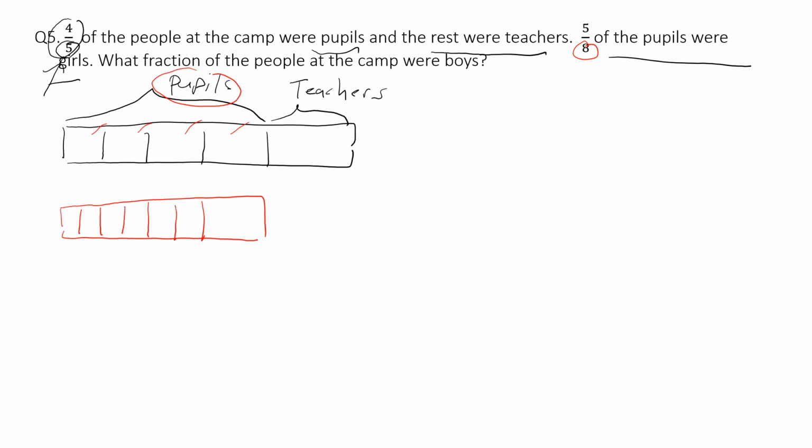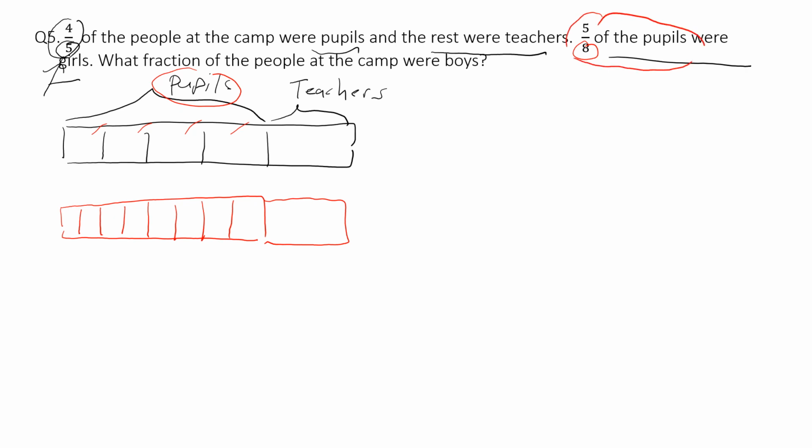So now from 4 it becomes 8. From 4 units just now become 8 units. Likewise for the teachers, okay, I'll just cut into 2 pieces. Okay, right now they mentioned that 5 out of 8 pupils were girls.